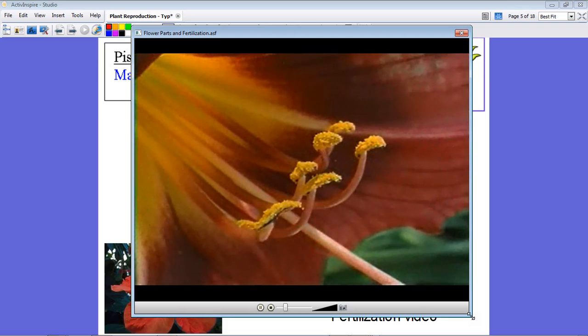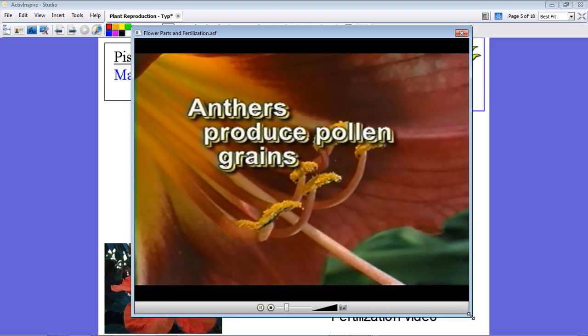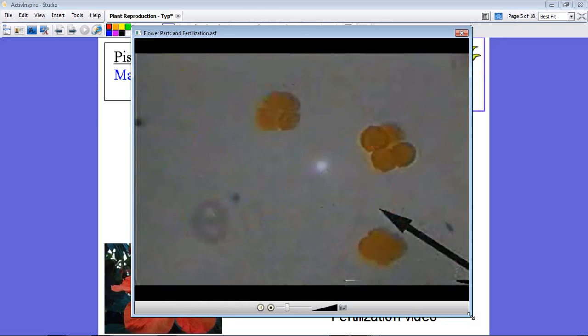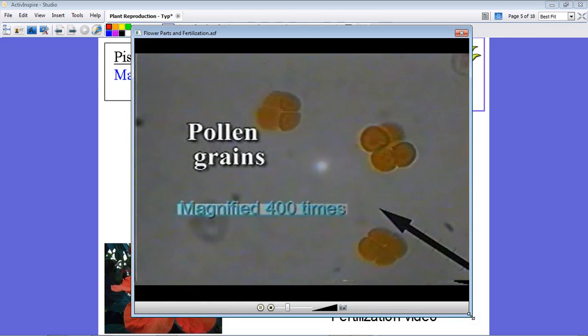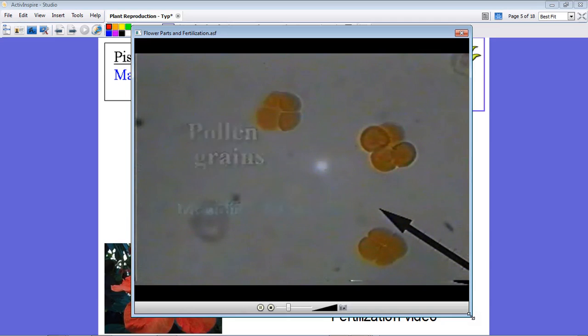This is a close-up view of the ends of the flower's stamens. Called anthers, they produce special reproductive cells called pollen grains. And here are some pollen grains as they look under a microscope. Pollen grains produce sperm, the male sex cells.